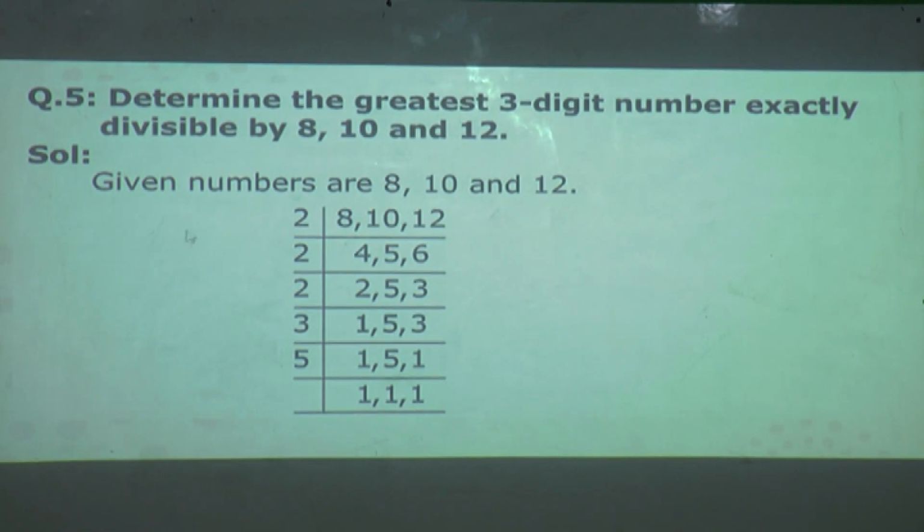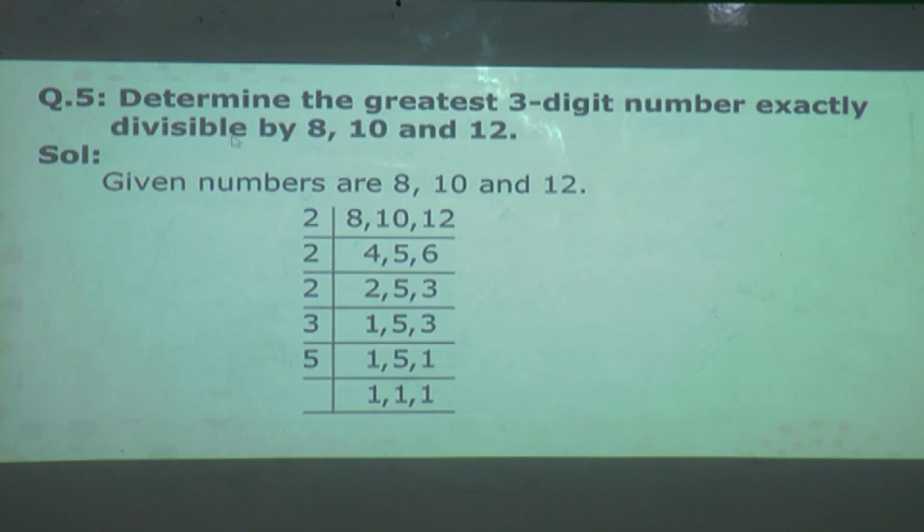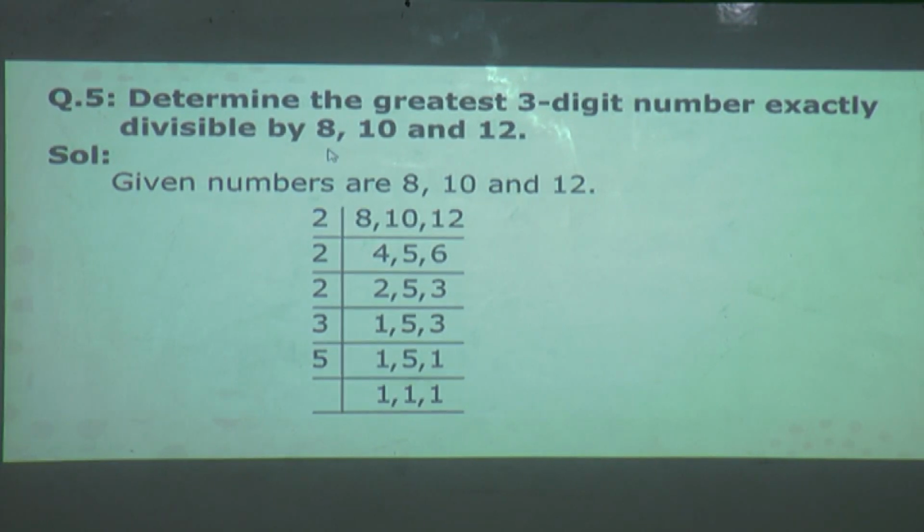Next question. Determine the greatest 3-digit number exactly divisible by 8, 10 and 12. So the given numbers are 8, 10 and 12. As we are going to find the greatest number, let us first determine the LCM. 2 4s are 8, 2 5s are 10, 2 6s are 12, 2 2s are 4, 5 as it is, 2 3s are 6.